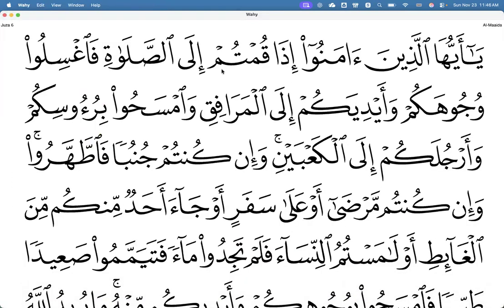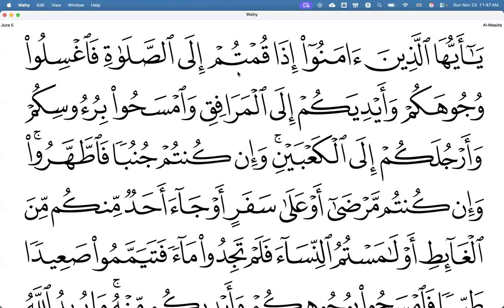When you all have stood up, right? You've all standed up, if I use bad English to help understand. When you all stood up, ila salati, what does that mean? For the salah. Exactly.